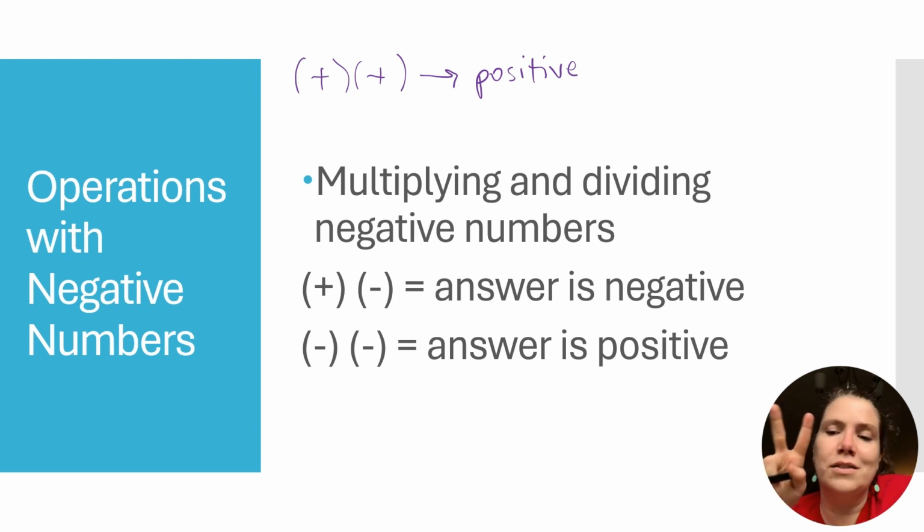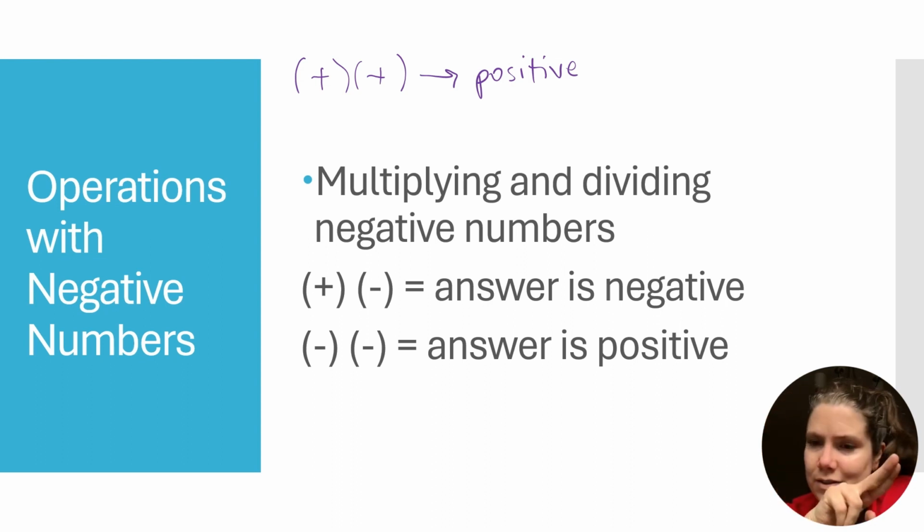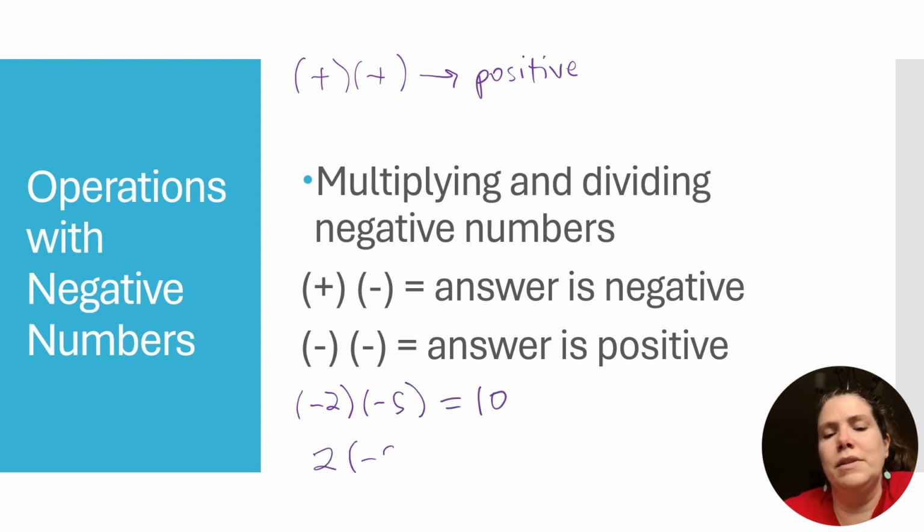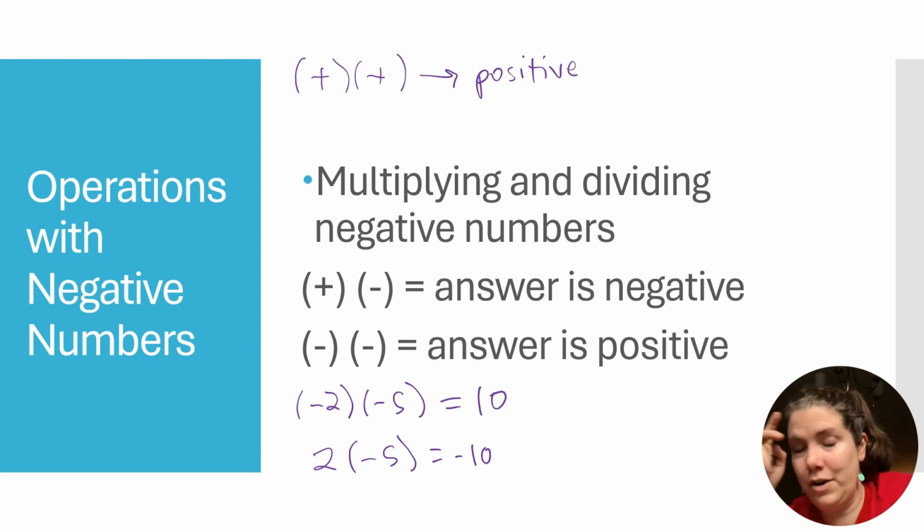And the reason for that is those 2 negatives cancel to a positive, right? So -2 times -5 is going to be positive 10. Even though 2 times -5 is -10. So when you have an even number of negatives, they cancel to be a positive answer. But if you have an odd, you have one left over of those negatives, then your answer is going to end up negative.